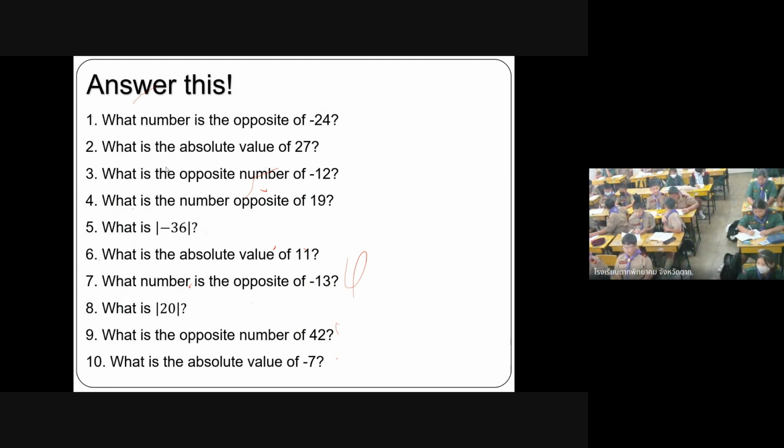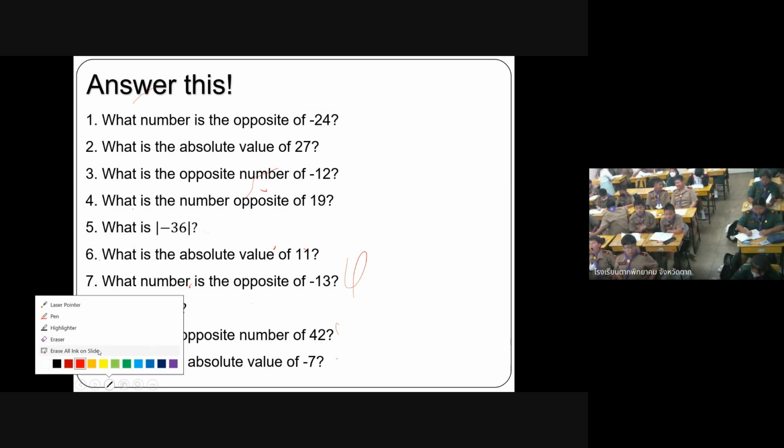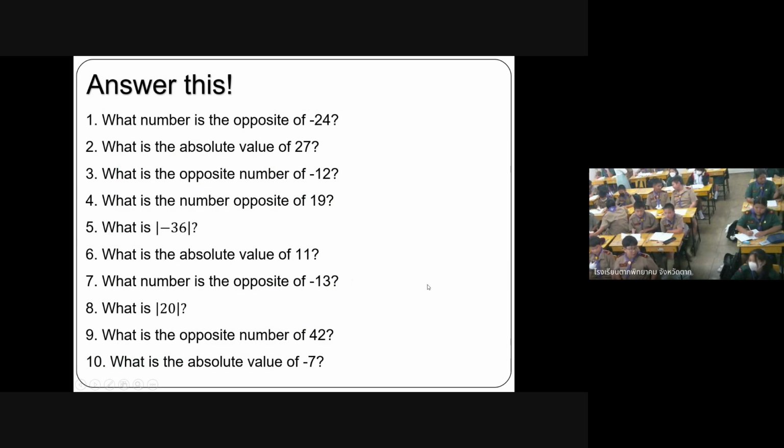Ah, 2 minutes. 2 minutes to finish it. 2 นาทีครับ Opposite number.